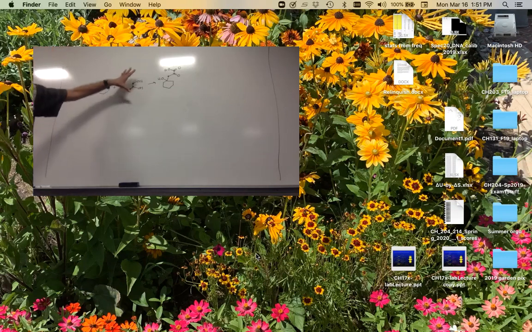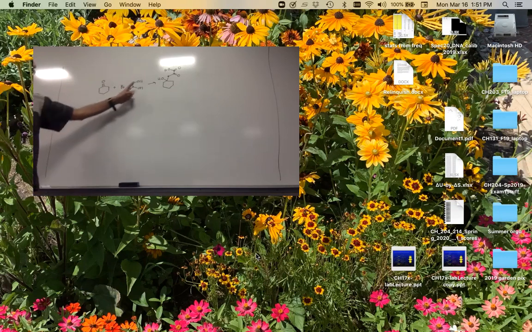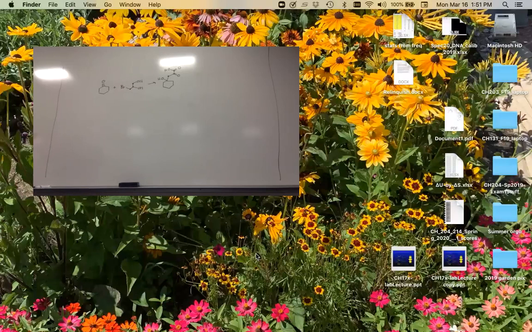But we have to convert this guy into a Grignard reagent, and we can't have OH, NH, or SH anywhere when we're using a Grignard reagent. So we're going to have to protect up this 1,2-diol, and then do our business elsewhere in the molecule, and then bring the 1,2-diol back.